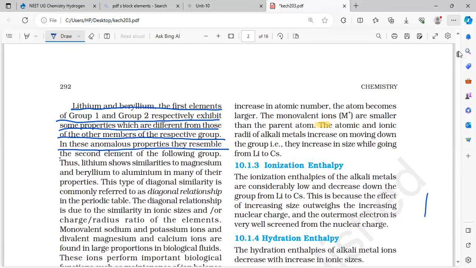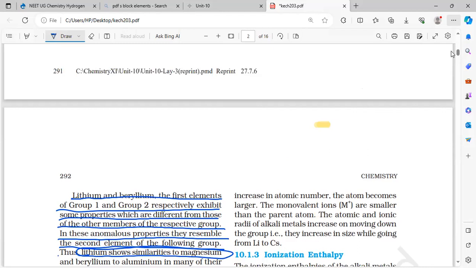They resemble the second element of the following group. So lithium shows similarities with magnesium. Did you study the diagonal relationship in groups 1 and 2?